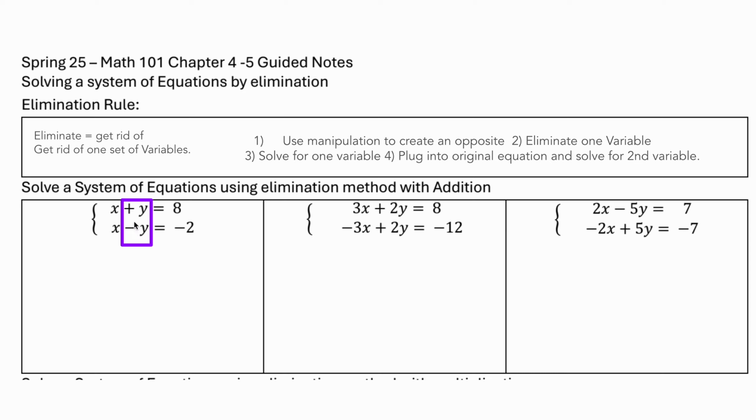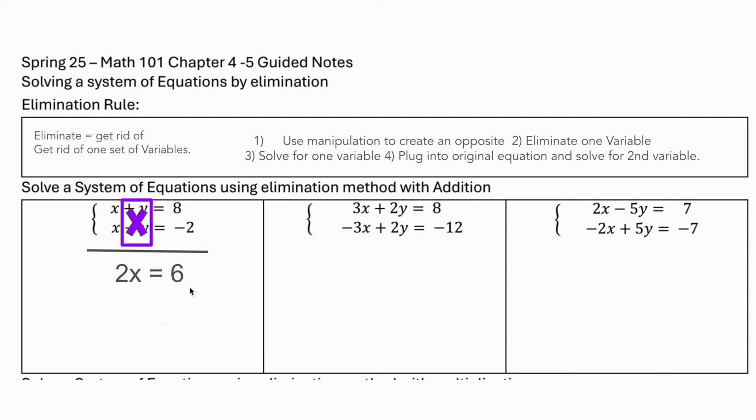Again, let me go one more time. I found my opposite, the same variable with opposite values. I eliminated that variable, so that's step 2. What's left is 2x equals 6, because x plus x is 2x and 8 minus 2 is 6.